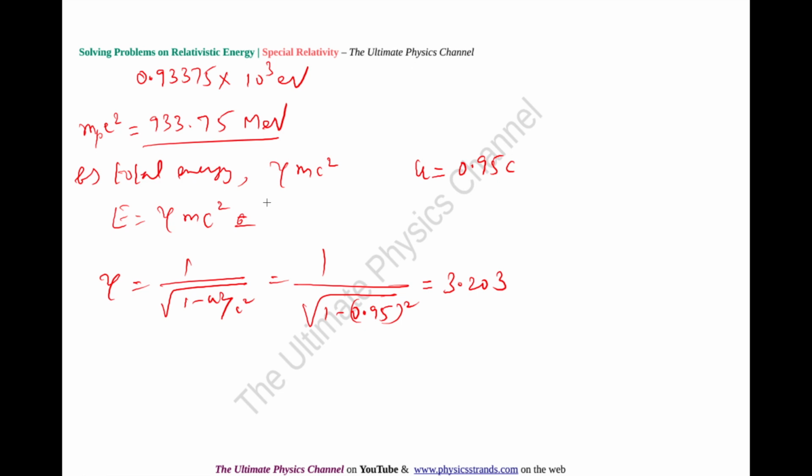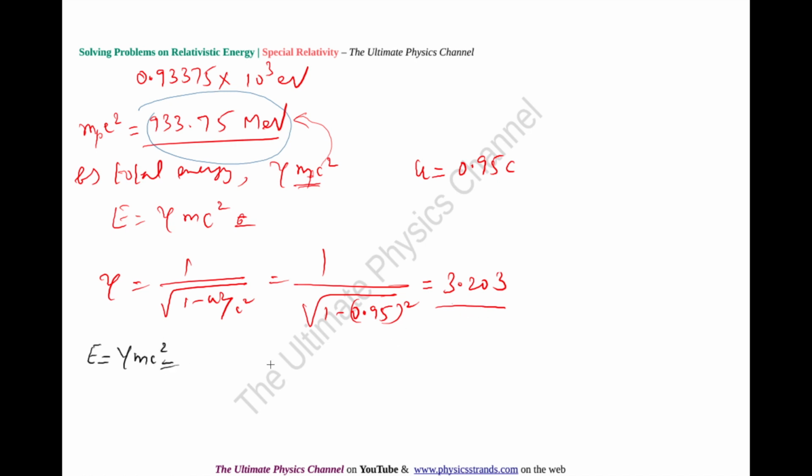So for the proton, the total energy turns out to be gamma times this 3.203 times the rest energy, which we already calculated to be mpc squared, 933.75 MeV. So now the total energy E is equal to gamma mc squared.